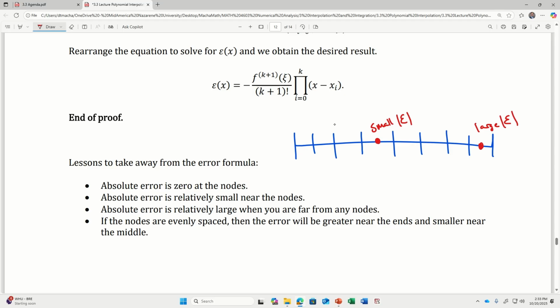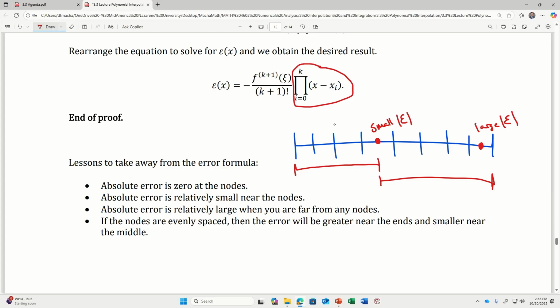Because this product here is multiplying everything times the distance to each node. And here, since I'm in the middle, I'm going to multiply by this distance, which is pretty big, and I'm going to multiply by this distance, which is pretty big. That's not good for my error.